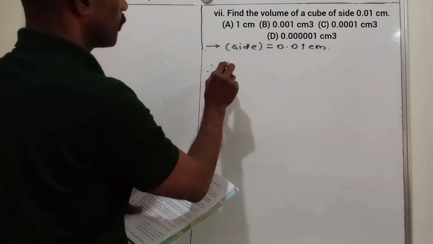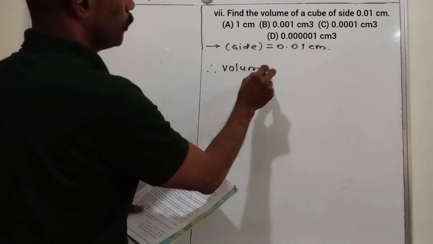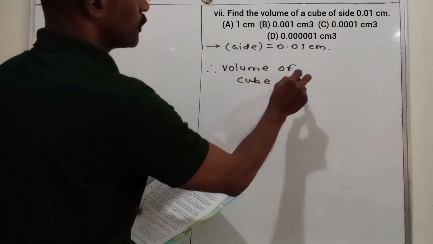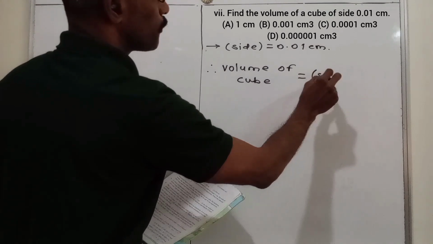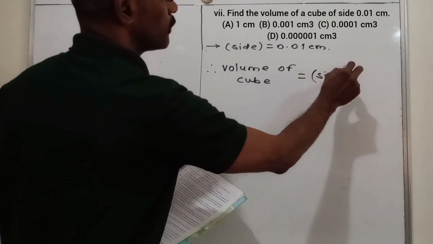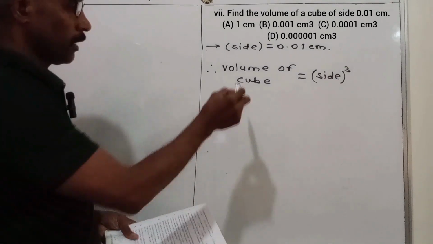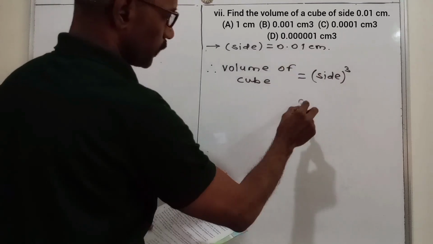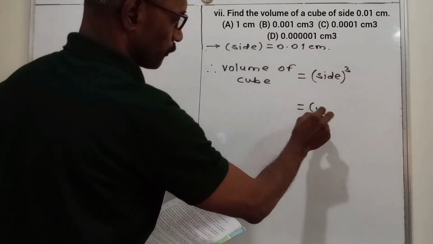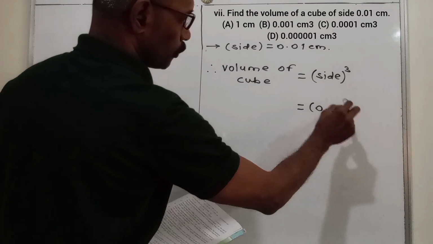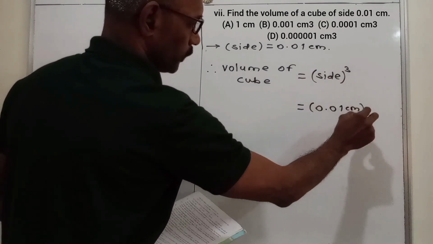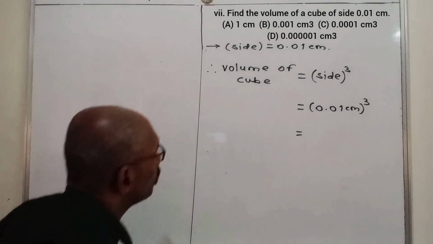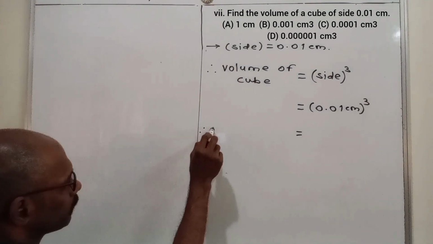Therefore, volume of cube is equal to side bracket cube. The length of the side is given, this 0.01 centimeter bracket cube.